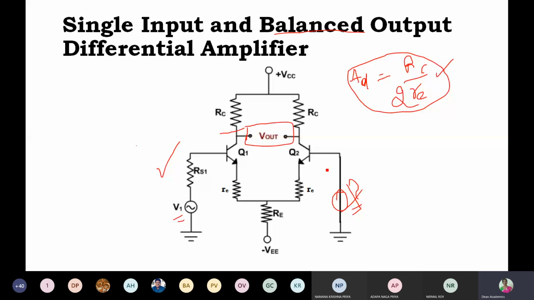Once you have this circuit, how do we draw the equivalent circuit? Make the DC voltage 0, that means connect it to ground, and this voltage also you connect to ground, and AC will be available. In place of the transistor, we draw the small signal T equivalent circuit, which I have shown earlier, in both cases.